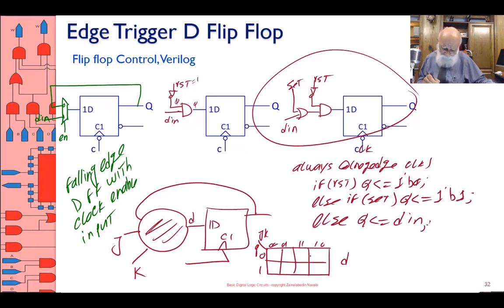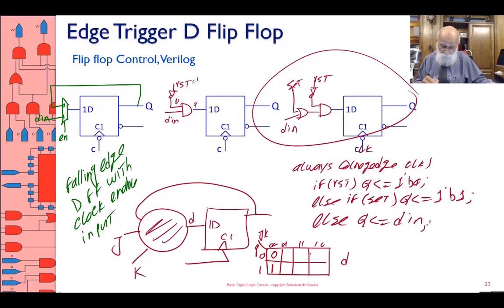If J is 1, you want to make sure that this becomes 1. If K is 1, you want to make sure that this is 0. If JK are 0, 0, Q plus remains the same.